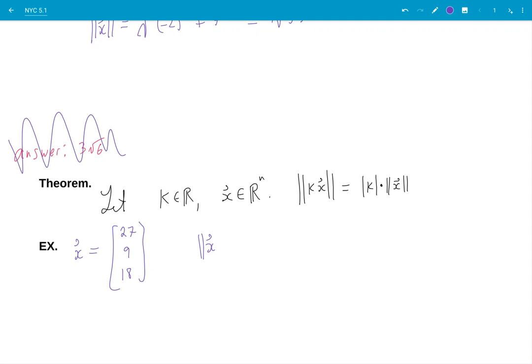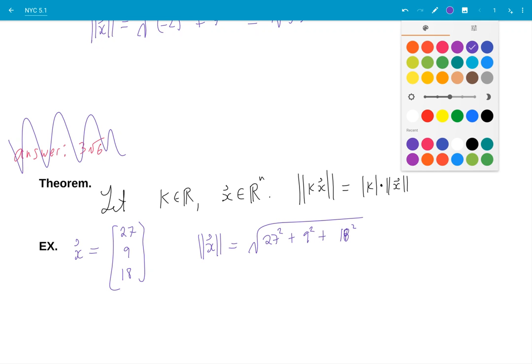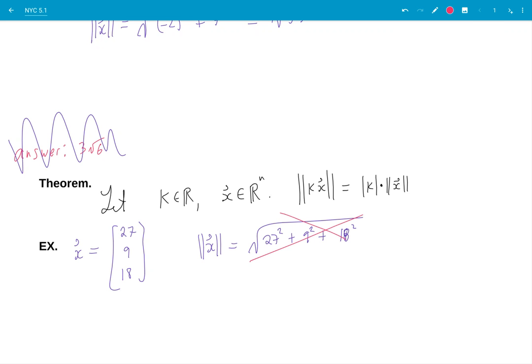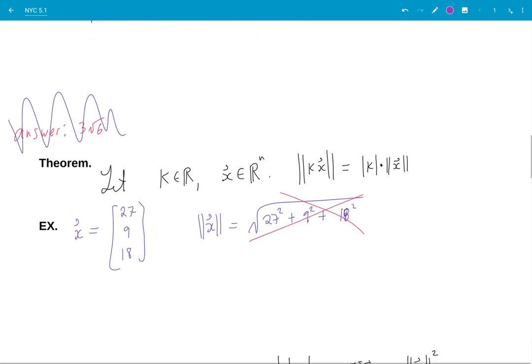Well, the length is going to be 27 squared plus 9 squared plus 18 squared. But that is not a very efficient way to go about this problem. What I should do is factor out the common factor 9 here, here, and here.